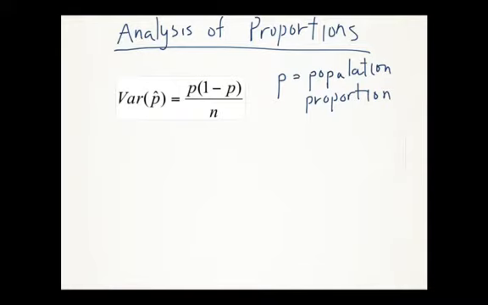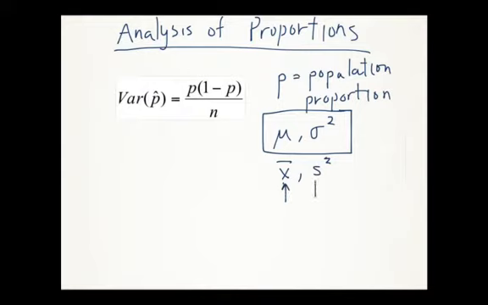For example, we had mu for the population mean, we had sigma squared for the population variance, and so on. These were Greek letters to denote the population parameters, and then the sample analogs, x bar and s squared, are the sample mean and the sample variance, right? So here we're using an ordinary letter, P, to denote a population proportion, okay?